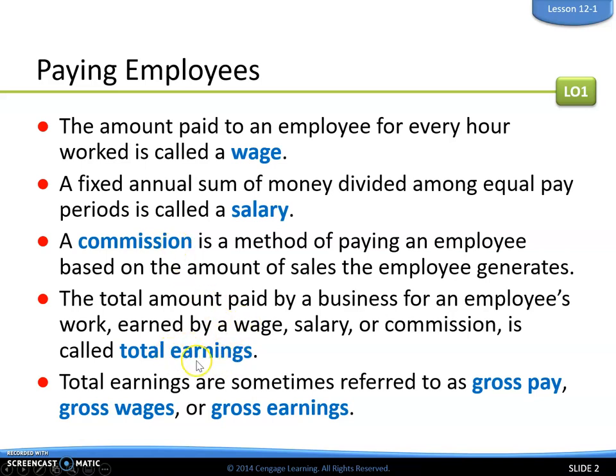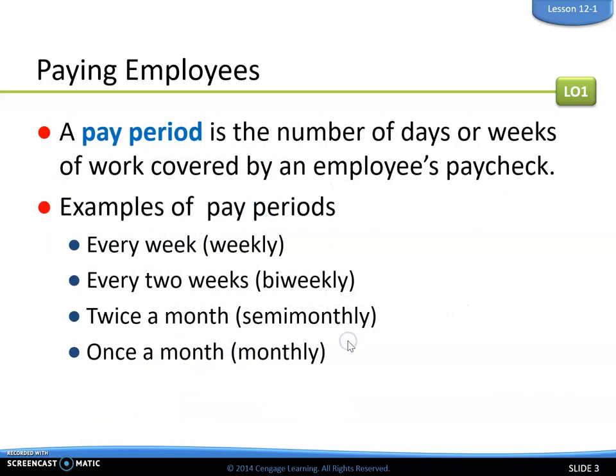With total earnings, the total amount paid by a business for the employee's work, just know that there are many different terms for what we call total earnings. But throughout accounting, we will always refer to it as total earnings.